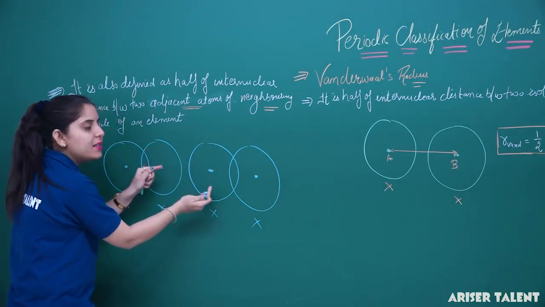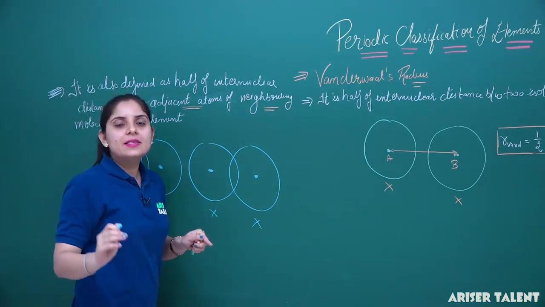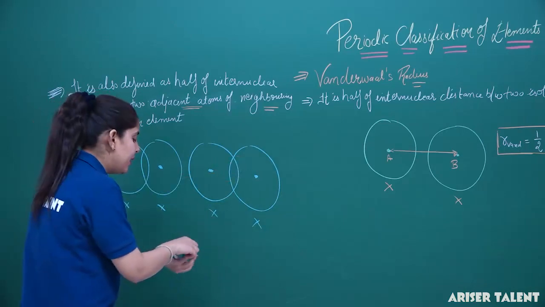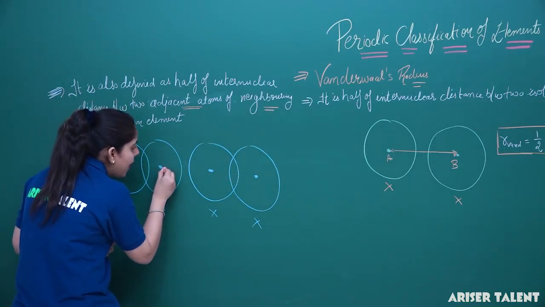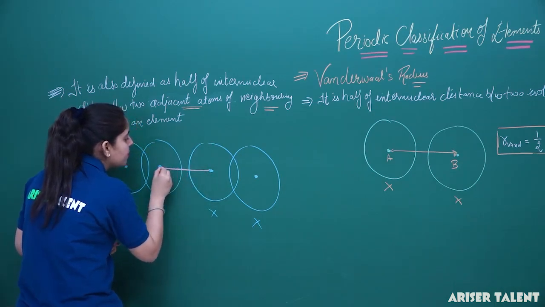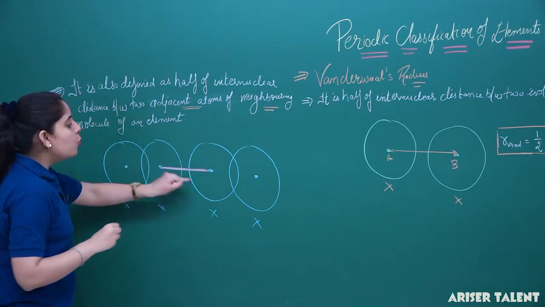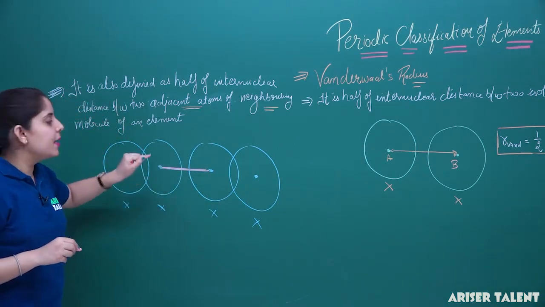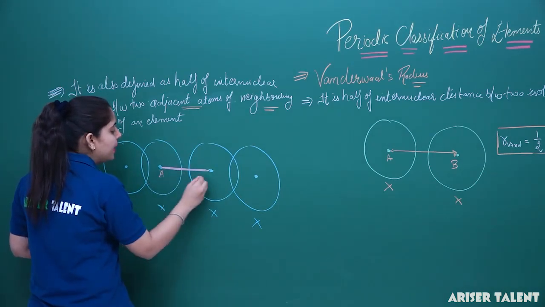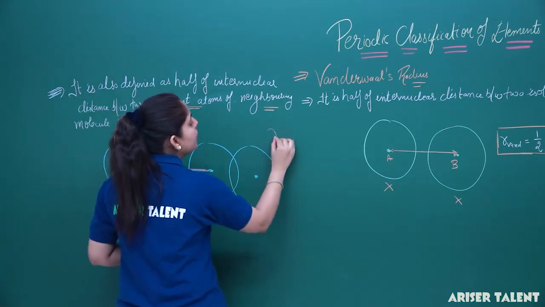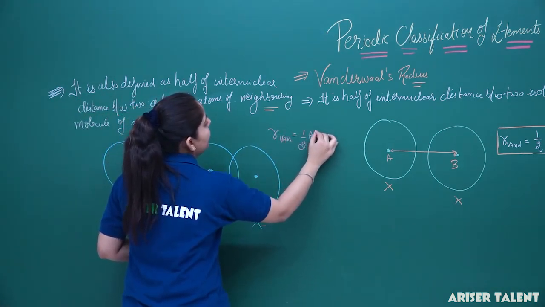The two adjacent atoms of the neighboring molecule form an internuclear distance, and half of that distance is the van der Waals radius. So how can we write the van der Waals radius here? It is half of the distance between two adjacent atoms in the neighboring molecule. I am writing here AB. So according to it, R van der Waals will be equal to half AB in the case of adjacent molecules.